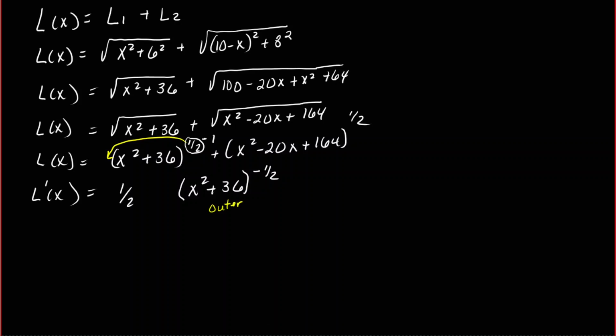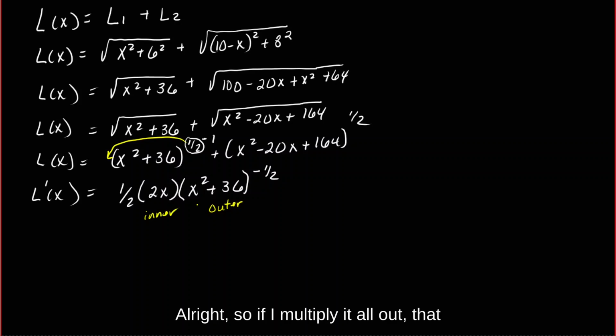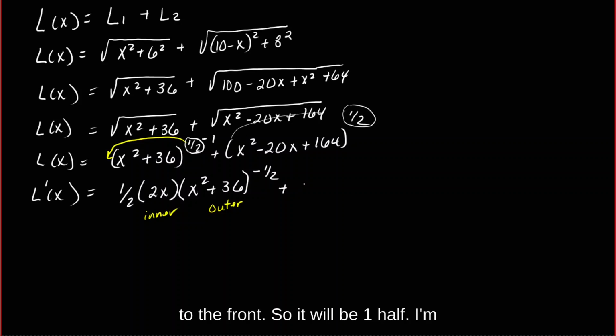Okay, for the inner, if I take the derivative of x squared plus 36, I would get 2x. All right, so if I multiply it all out, that will be the first one. Plus, now let's do the second one, same way. I take my 1/2 to the front. So it will be 1/2. I'm going to leave some space.